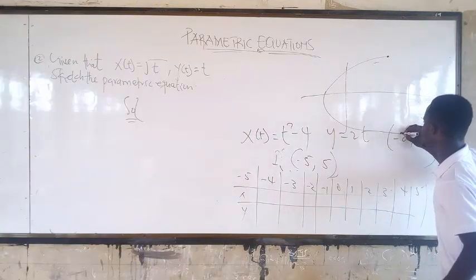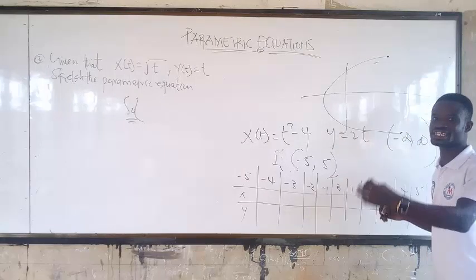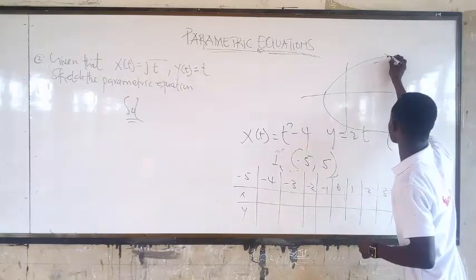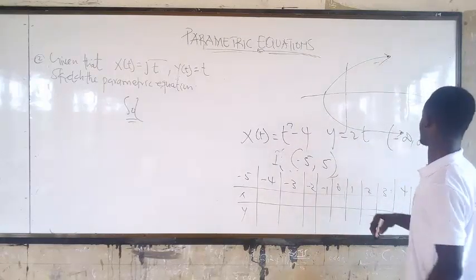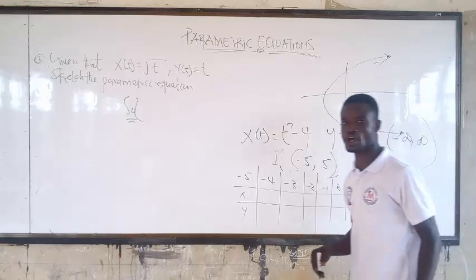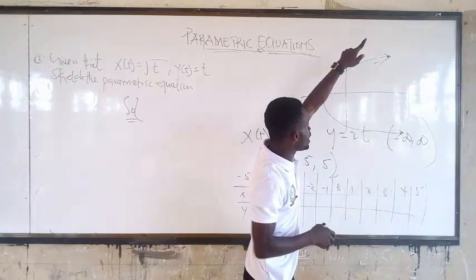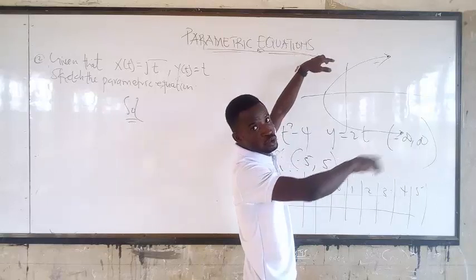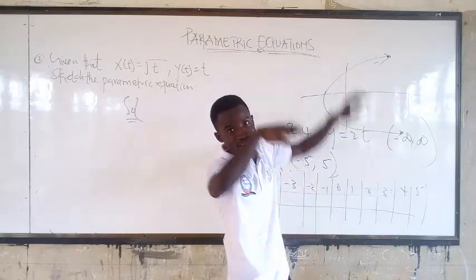If you show a point here, it means that you were given the initial and the final. You will make it an open arrow like this, showing that it's coming from negative infinity to what? Positive what? Infinity. I hope it's clear.